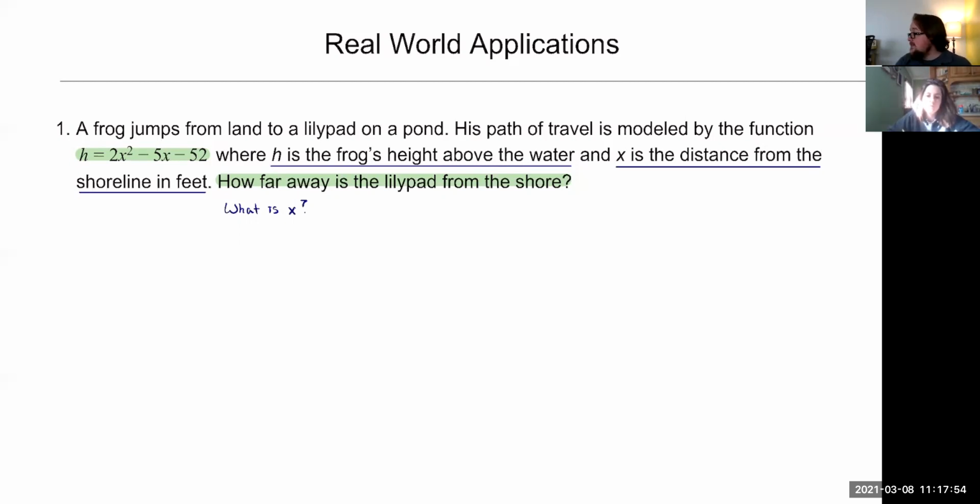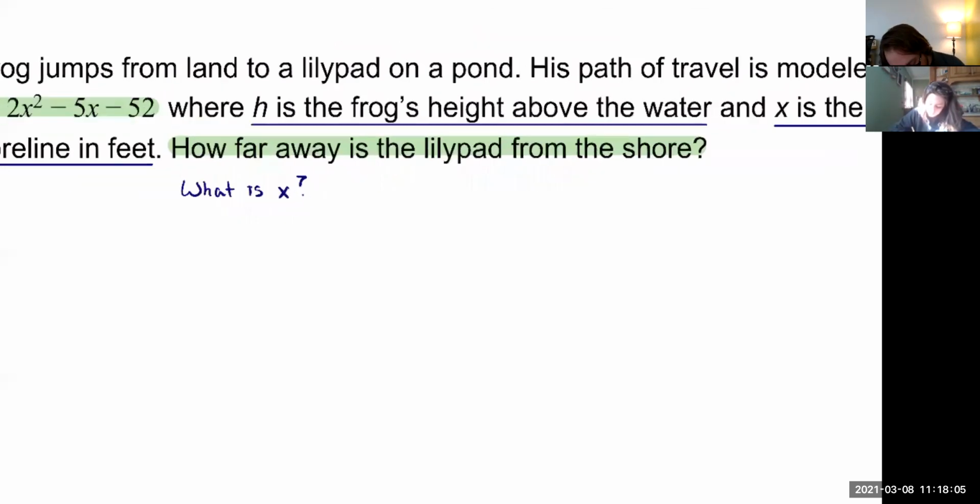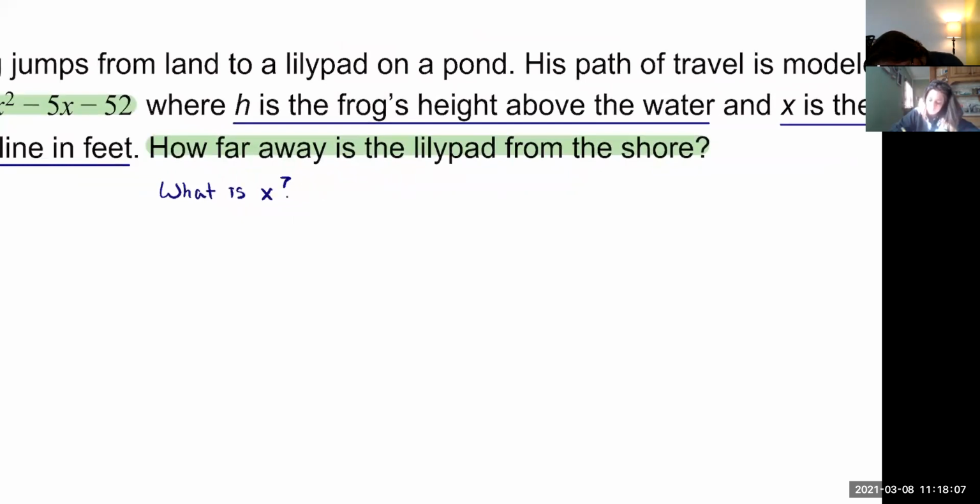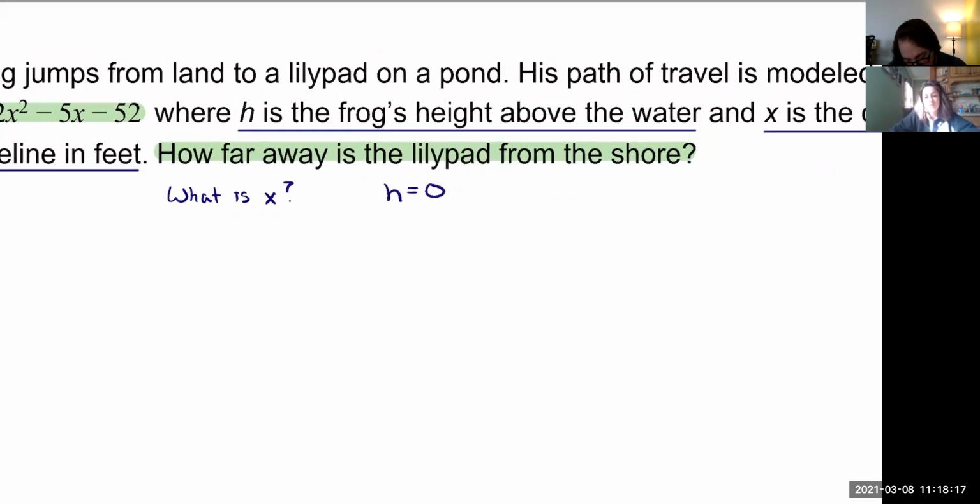Therefore, the frog itself is on the water. Now, some would argue, well, technically the thickness of the lily pad would matter, but we're not worrying too much about that detail. So we're going to say that h equals 0, because the frog has landed on the lily pad, therefore is on the water.